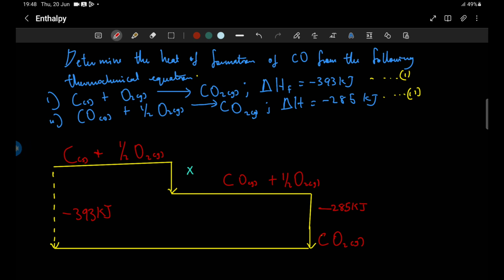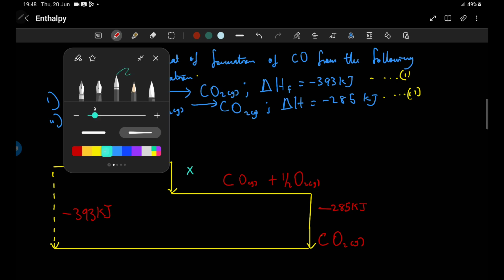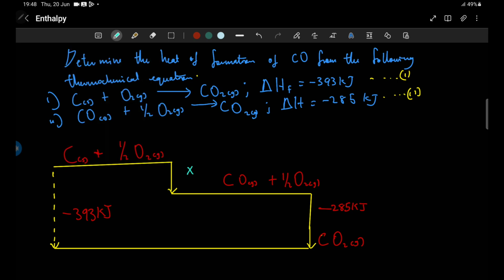Alright, we can decide to solve the problem schematically. So what we do is we let x represent the change in energy of formation for carbon monoxide.